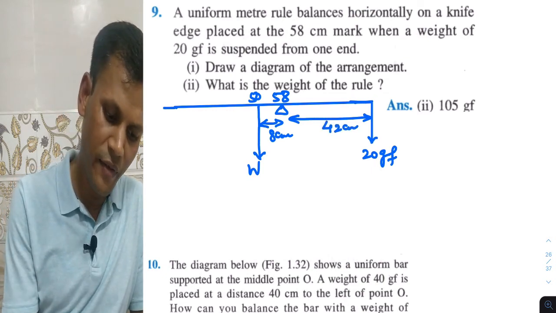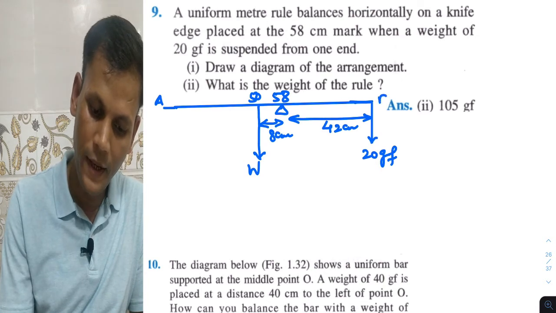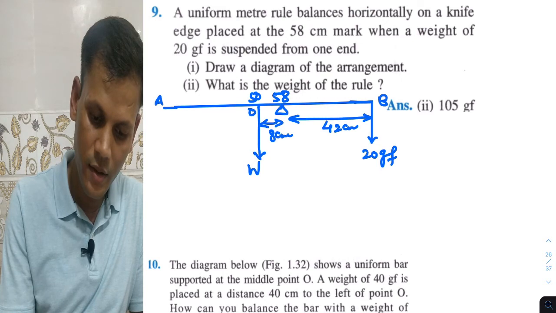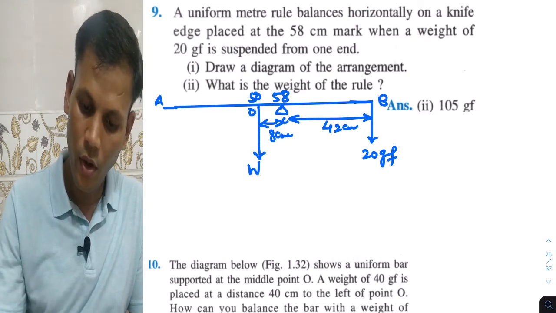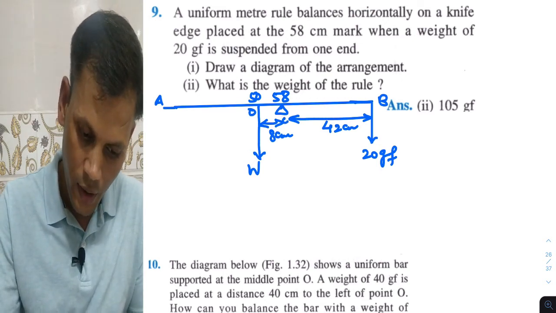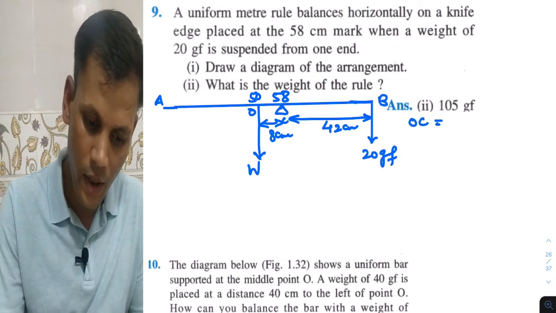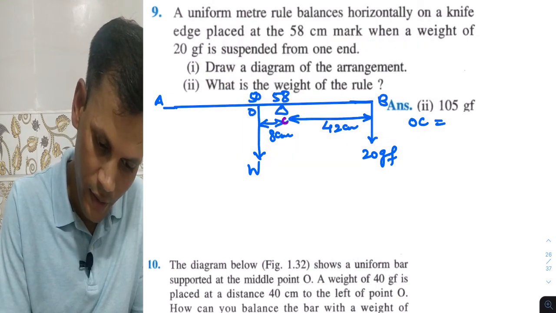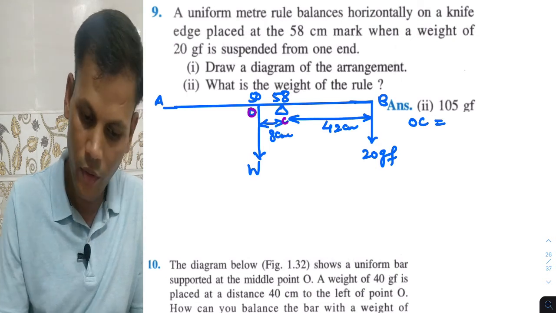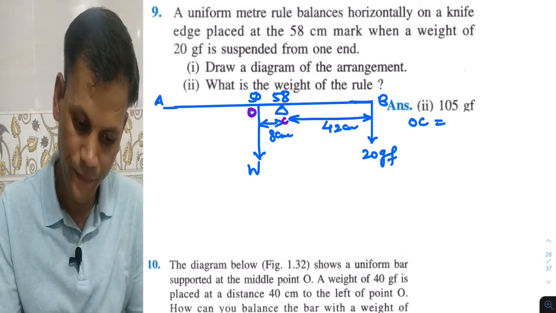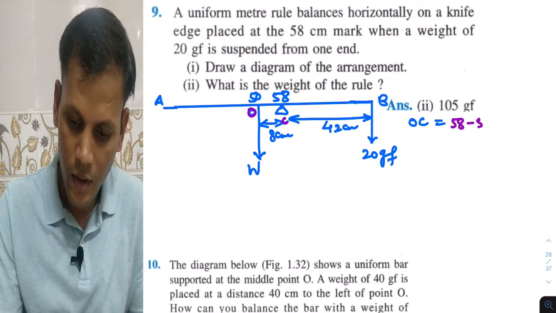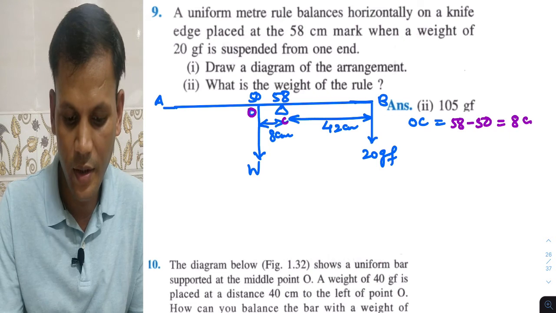So we can give the name A, B, this is O, this is C. So OC will be 58 minus 50, so it will be 8 centimeter.